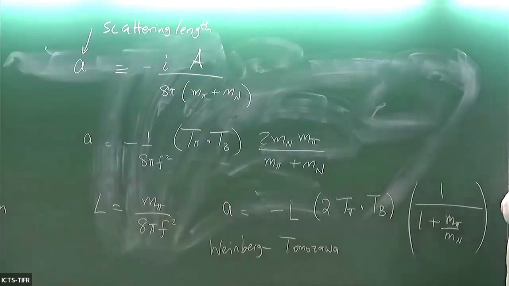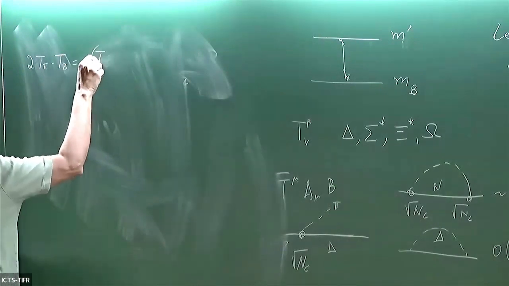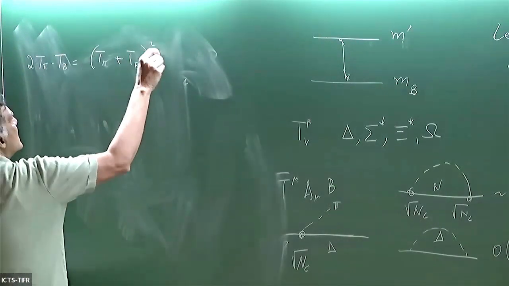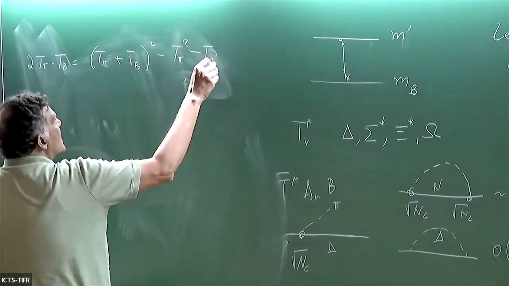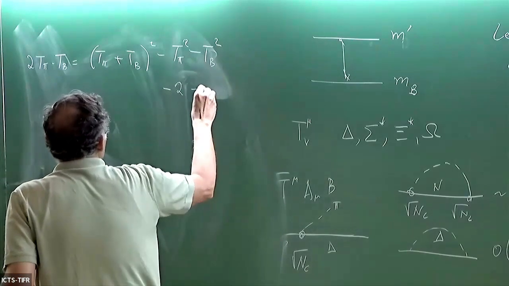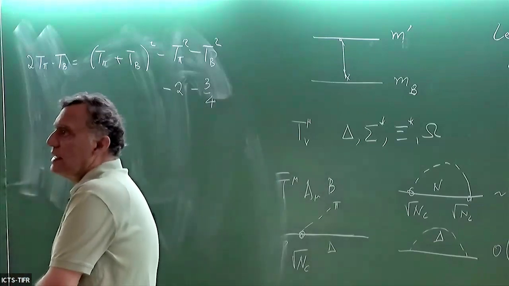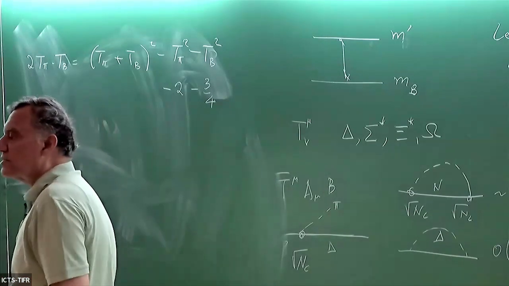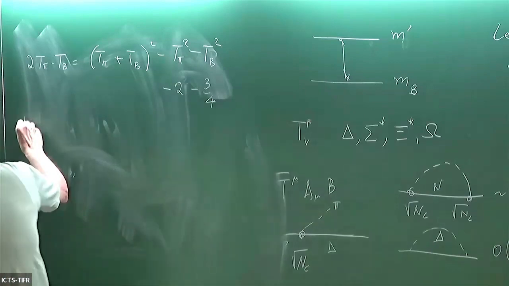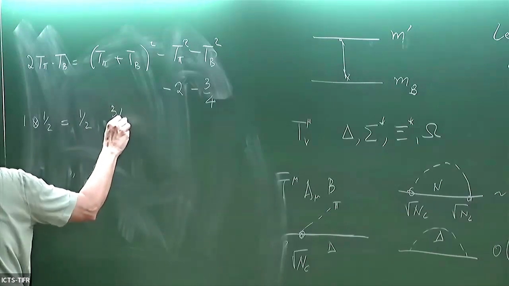And the last thing you do is you say that 2 t pi dot tb is t pi plus tb squared minus t pi squared minus tb squared. The pion has isospin 1, so that's minus 2. The baryon has isospin a half, so that's minus 3/4. And then if I combine the pion and the nucleon in the isospin 1/2 channel, because if I combine 1 cross a half, I can either get isospin 1/2 or isospin 3/2.